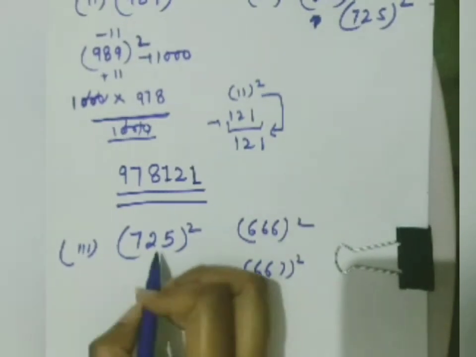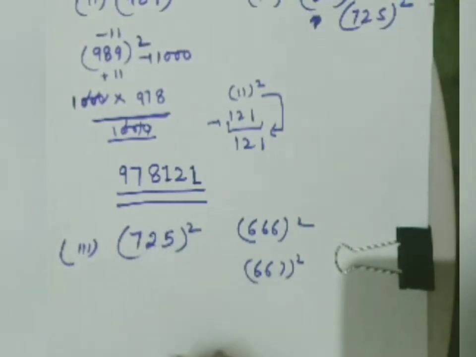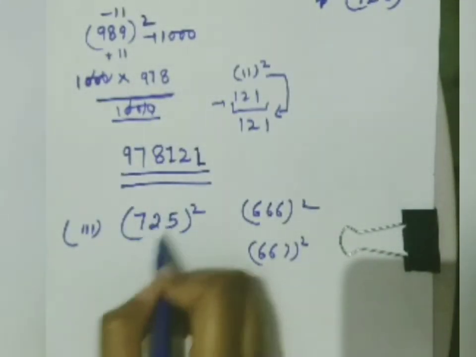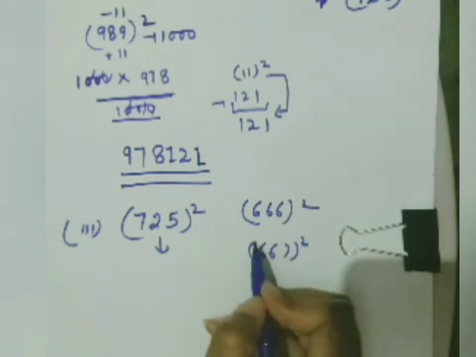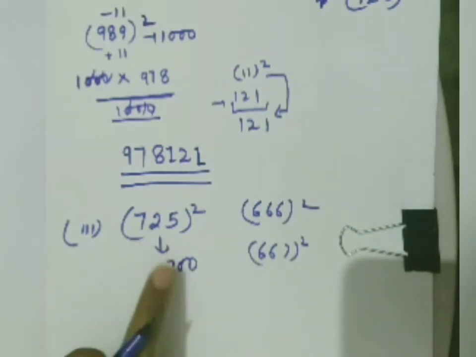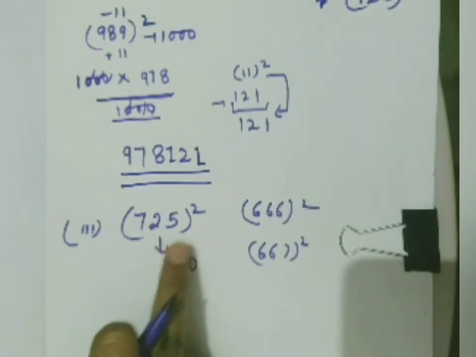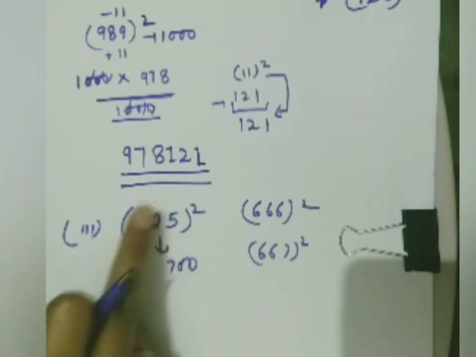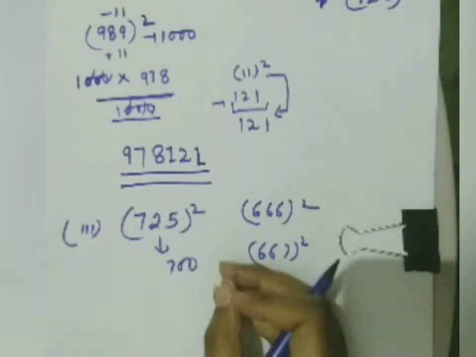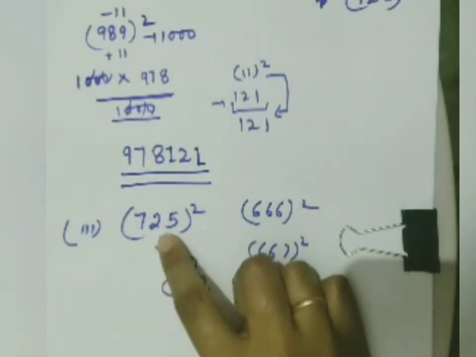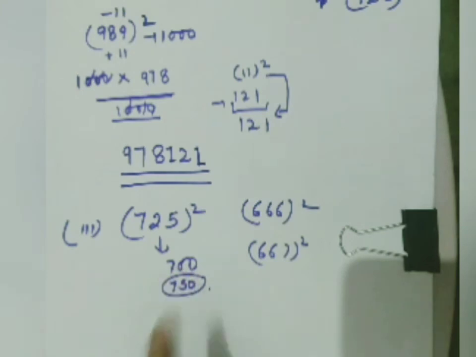Before finding the square, we repeat the same process. I will compare this number with 700, because then I will have to do minus 25 and plus 25, and I know the square of 25, and most people know it. This is how you will make your calculation easier. You can do it by 750 also, because 750 is also near to 725, but 700 has more zeros.